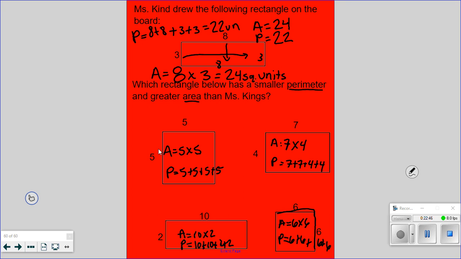Answer is A. All right. So our area was 25, and our perimeter was 20. The area is greater. The perimeter is smaller.